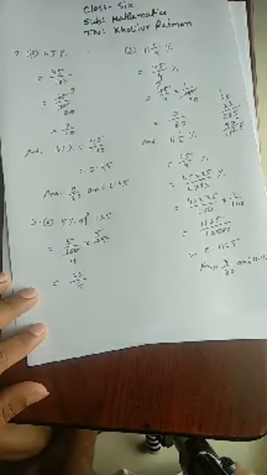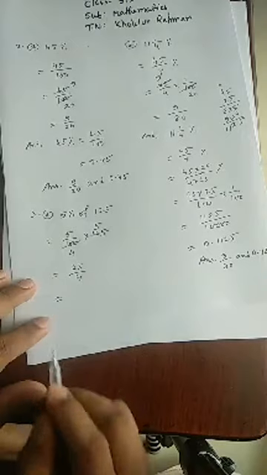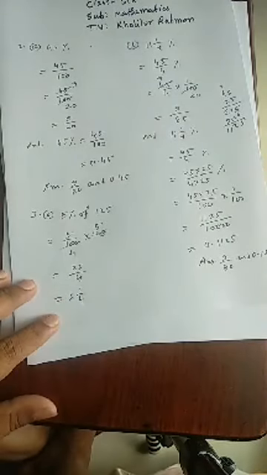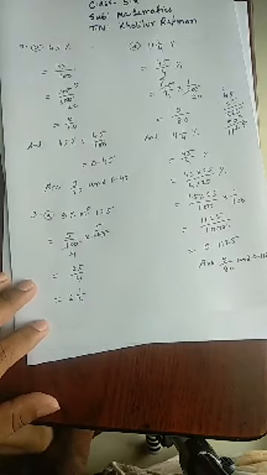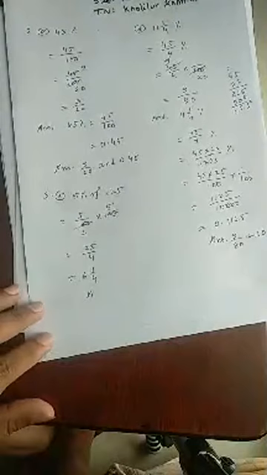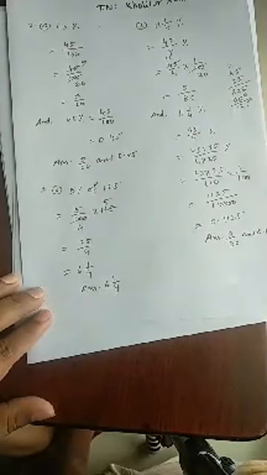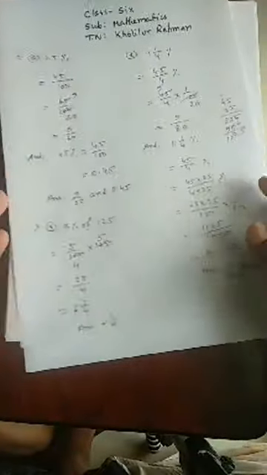So the result will be 25 by 4, or you can convert it into a mixed fraction. How is it possible? 6 whole 1 by 4, because 4 6s is 24 and 1 makes 25. Six whole 1 by 4. Okay, have you understood?